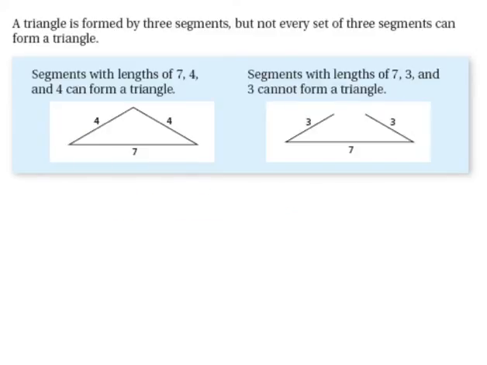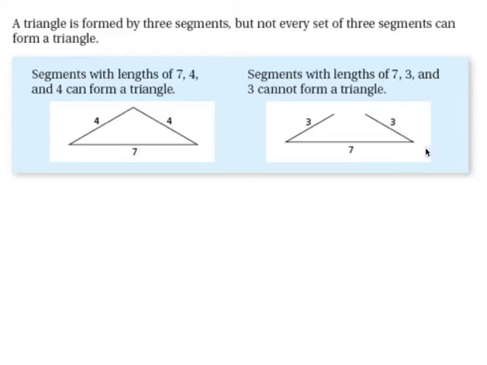Now, a triangle is formed by 3 segments, but not every set of 3 segments can form a triangle. Segment lengths of 7, 4, and 4 can form a triangle, but segment lengths of 7, 3, and 3 cannot form a triangle.